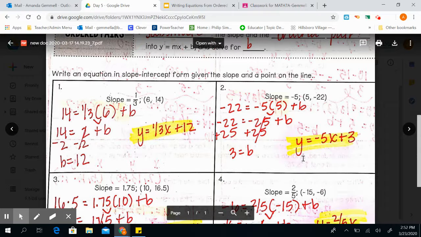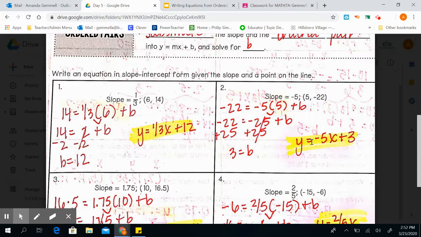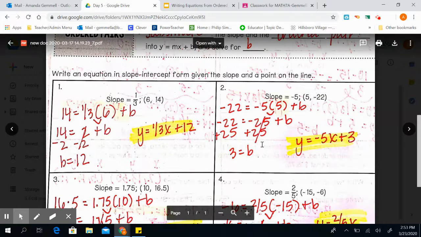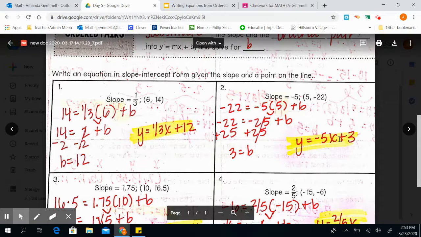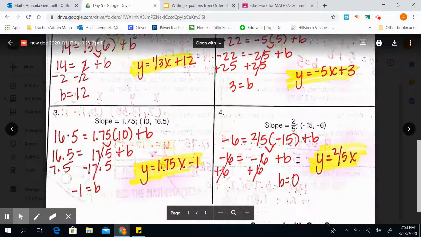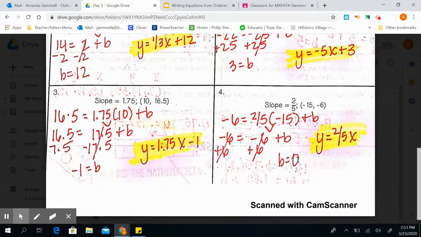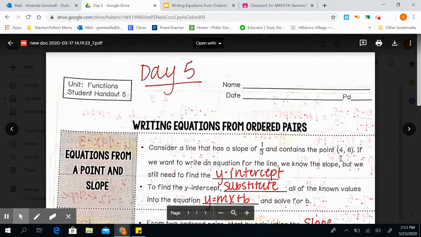If you put negative 22 = negative 5 times 5 plus 3, that is wrong. That is not an equation at all. That's just an expression. Everything's already filled in. There are no variables missing. It can't be an equation if it doesn't have variables. So remember, to have a slope-intercept equation, you need to keep the y and the x in the final form. Okay, the next two are the exact same process, so I'm not going to go over those.